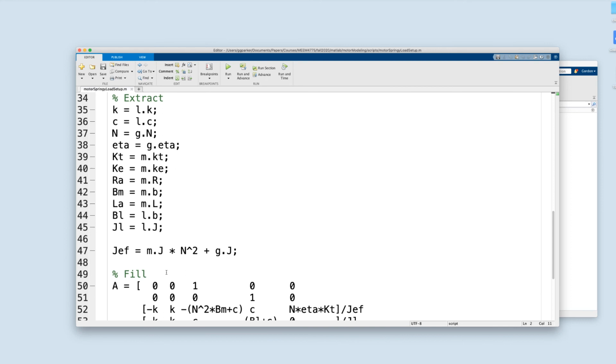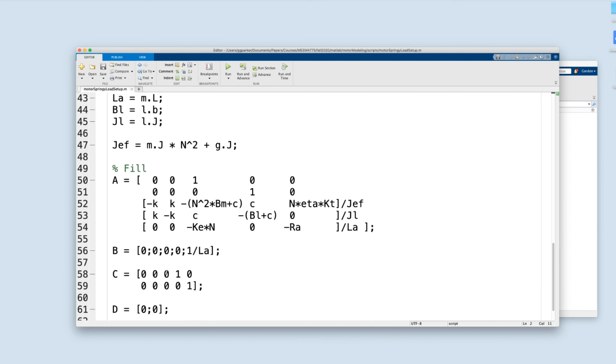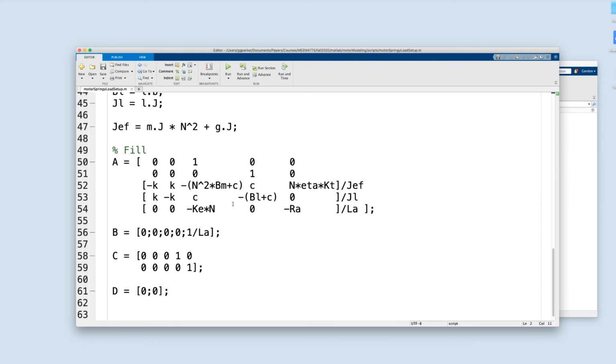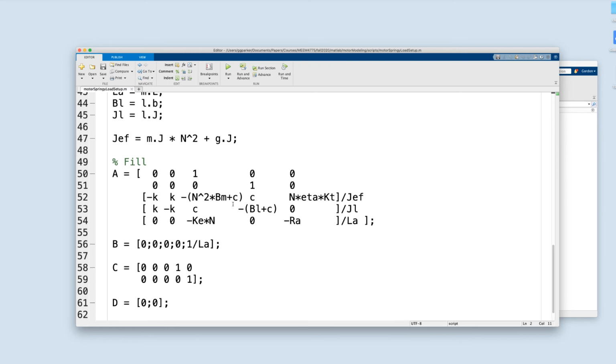The reason for doing that is so that I can write these state equations in the form that they looked like in my notes, and that will help me to not make mistakes. So I can look at these as a sort of quality check, say, oh yeah, in my notes I have n squared bm plus c, and I see it just like that. If I had given these some other names, then I'd have to do a mental mapping between my notes and what I have written in the code. Highly recommend that. Adds just a wee bit more time to the execution of the code, but you'll never notice it.